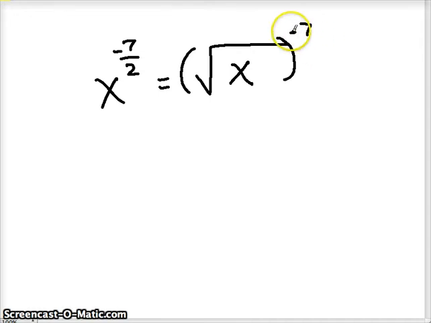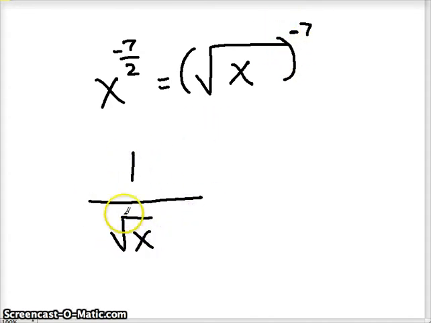So think back to what a negative exponent means. It doesn't mean multiply by a negative number, it means the inverse. So we want to flip it, put it under 1. So we still have the square root of x, and it's still to the same power, but now it's under 1, right? That's what a negative exponent means.